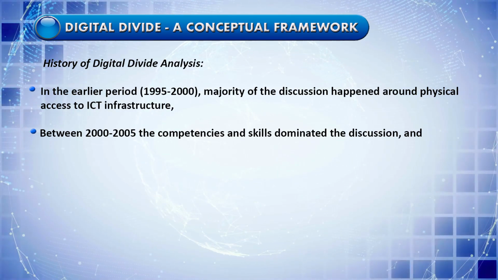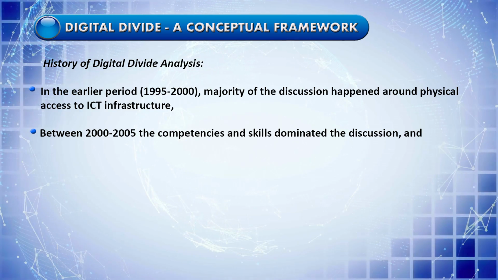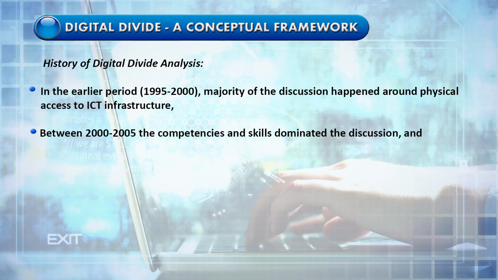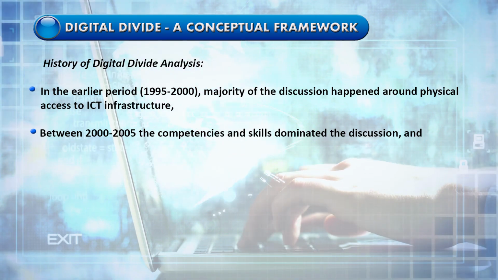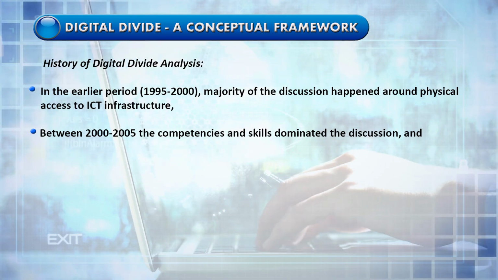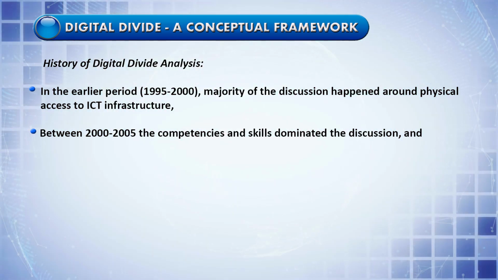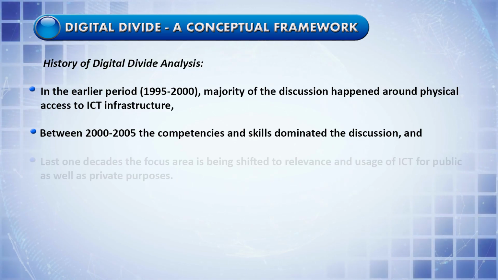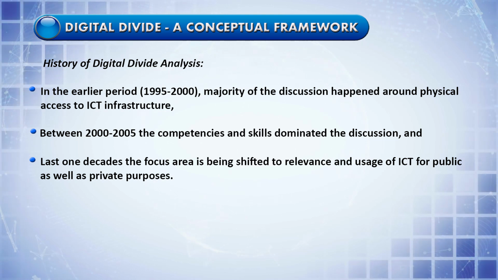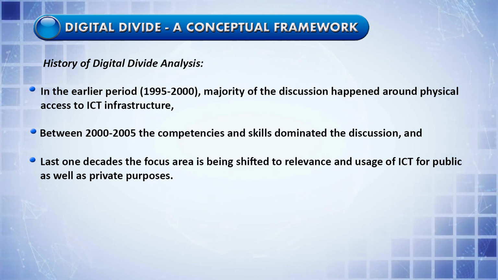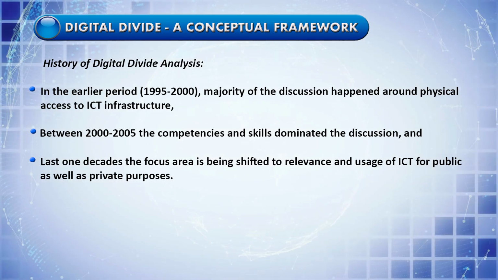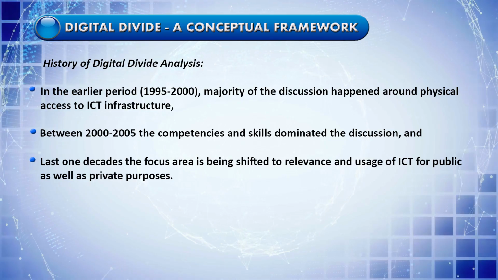The reason is that within the first 10 years, the developed countries were able to reach a mass level of internet users, so the gap between haves and have-nots started narrowing in developed countries. The major discussion started moving towards competency and skills. In the last decade, the focus of the digital divide has shifted towards relevance and usage of ICT for public as well as private purposes. That is more about talking about equality.